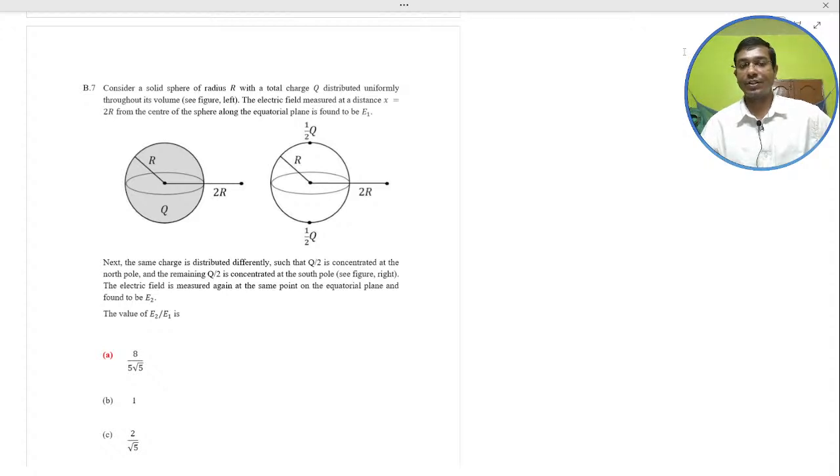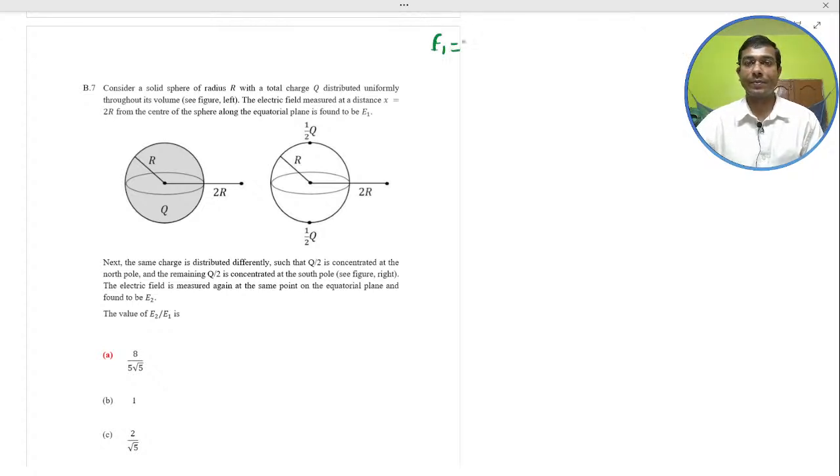Next, the same charge is distributed differently, such that q by 2 is concentrated at the north pole and the remaining q by 2 is concentrated at the south pole. See figure right. The electric field is measured again at the same point on the equatorial plane and found to be E2. The value of E2 by E1 is what?